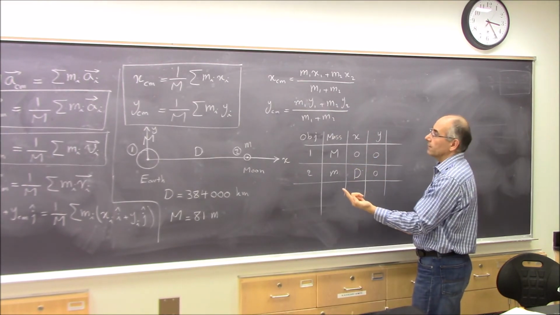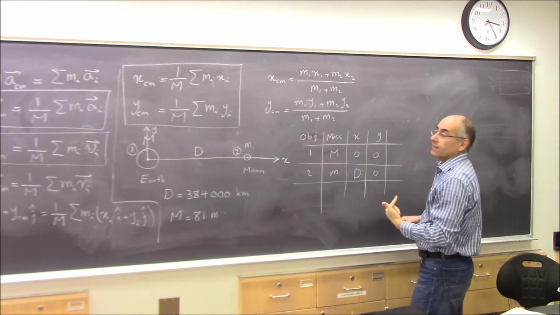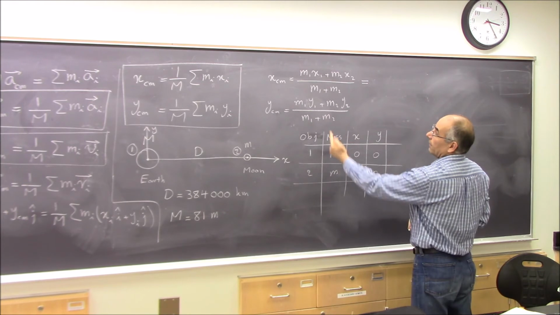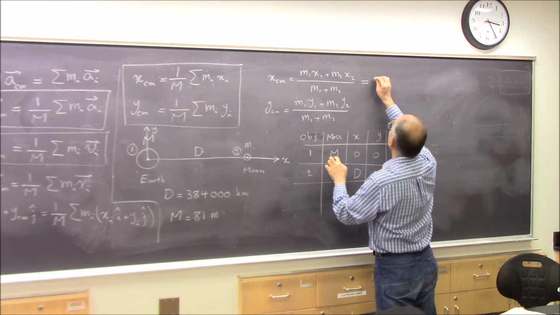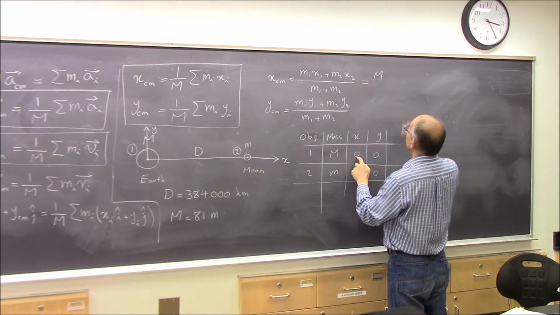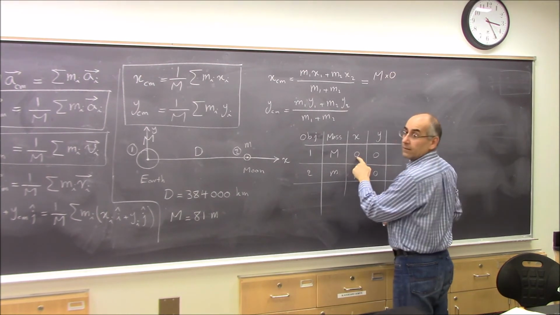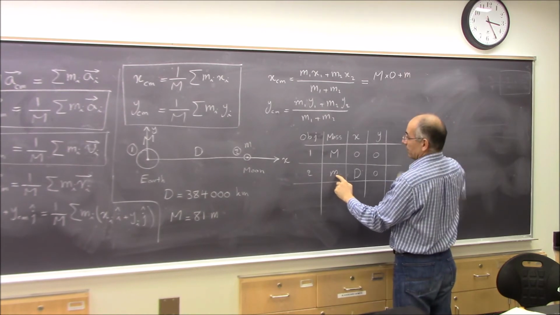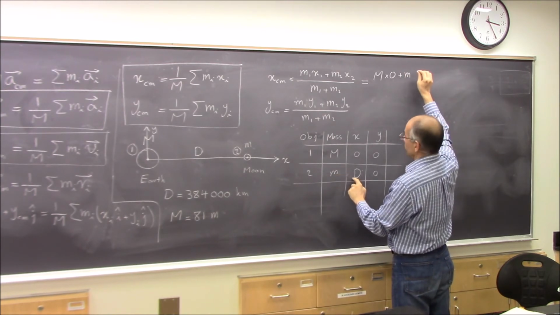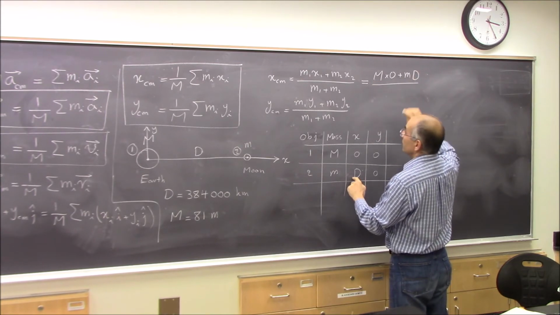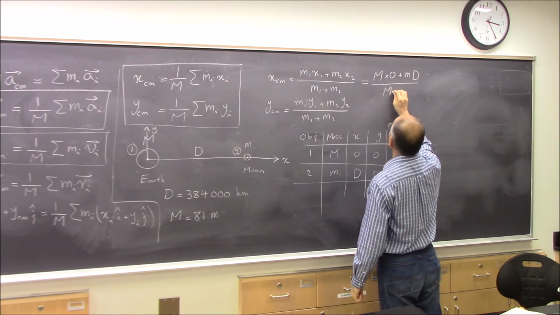You don't need to calculate. But what is x of center of mass? So x of center of mass is m1, which is M, times x1, which is 0, plus m2, which is m, times x2, which is d, divided by the total mass, M plus m.